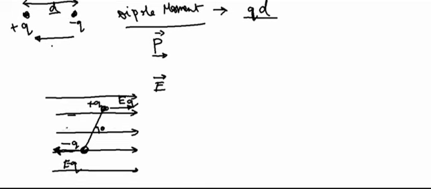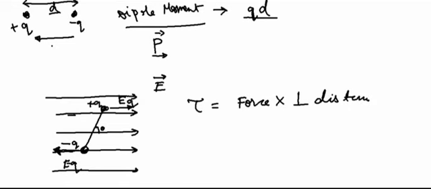So we have a system with two equal and opposite forces, and if you remember our class 11 physics, equal and opposite forces form a couple or moment, or torque, which is given by force into the perpendicular distance between the forces.